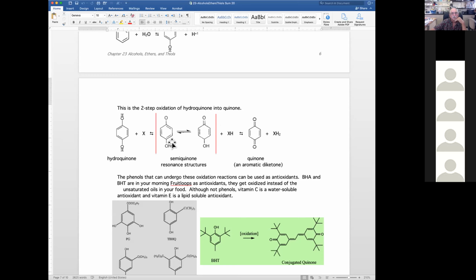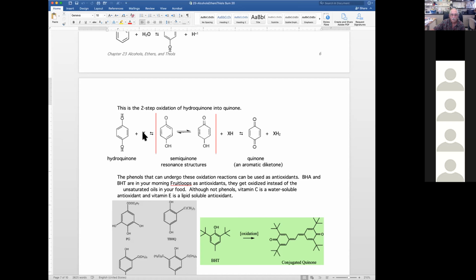And so phenols that can undergo these types of oxidation reactions can be used as antioxidants. They're designed to use this up to protect something else. So this is an oxidant, right? So an antioxidant is to protect something from an oxidant.